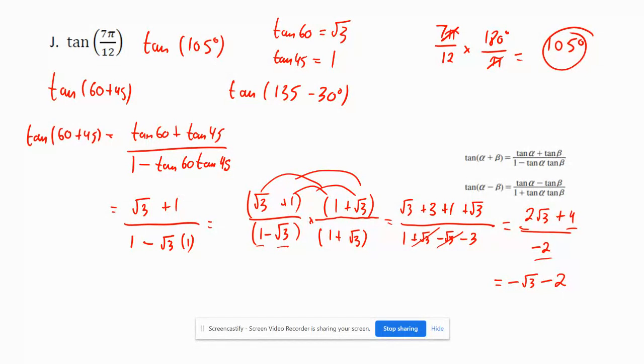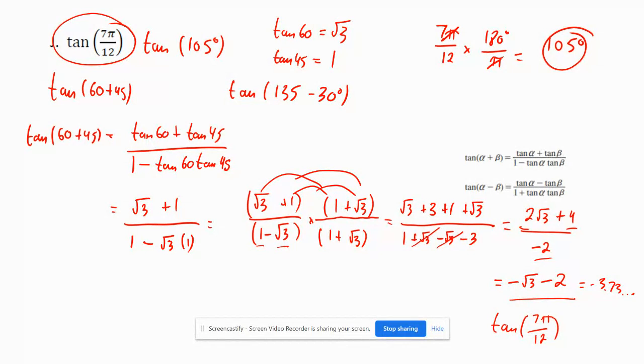Okay. Now, going to the calculator, I just want to verify that this decimal here gives me the same thing as this decimal over here. Okay. So I go negative square root of 3 minus 2. This equals negative 3.73 dot dot dot. And then if I go tan of 7 pi over 12, I'm just going to make sure that my calculator is now in radian mode.